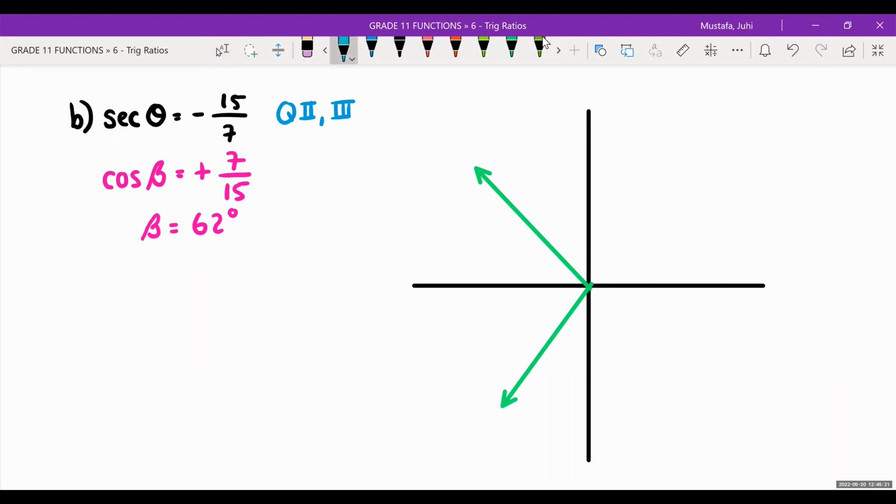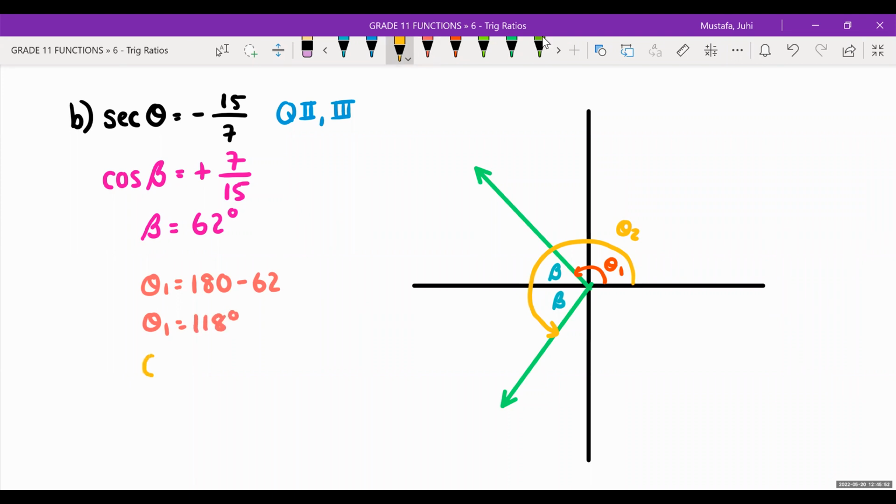Just keep going. This is beta. Theta 1 is going to be like this. Theta 2 is going to be all the way around like this. So theta 1, the measurement is going to be 180 degrees minus 62, and that's going to give us 118 degrees.